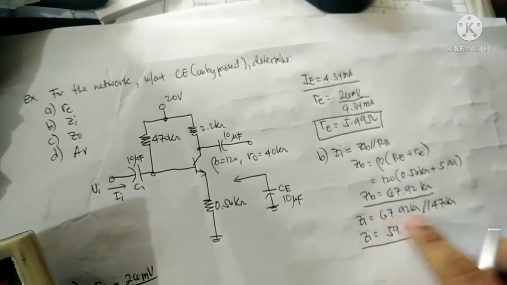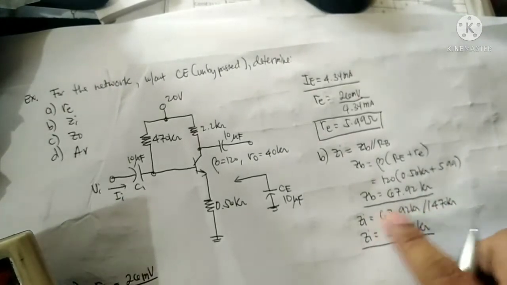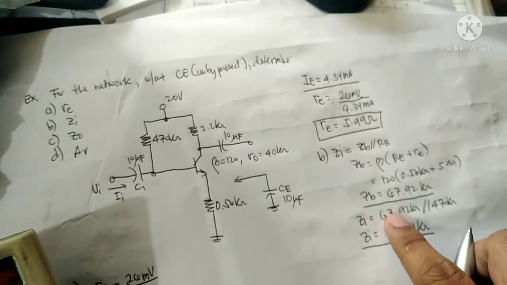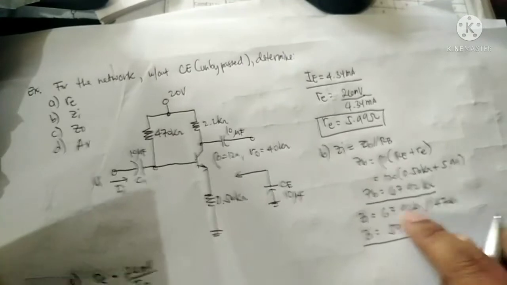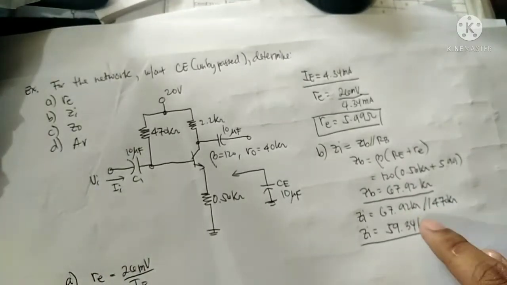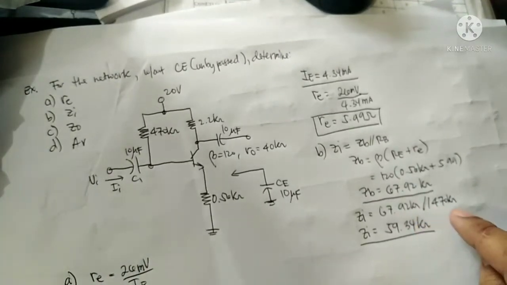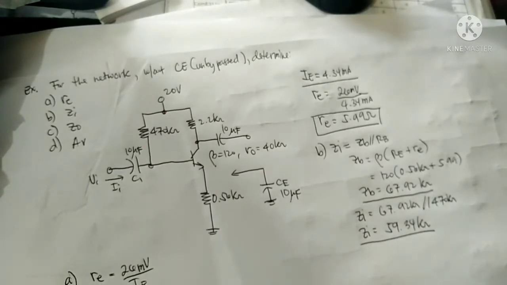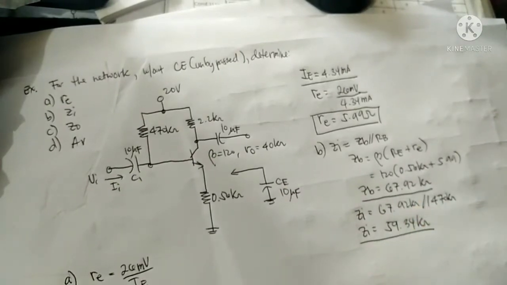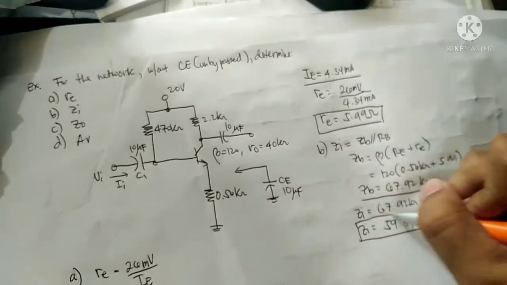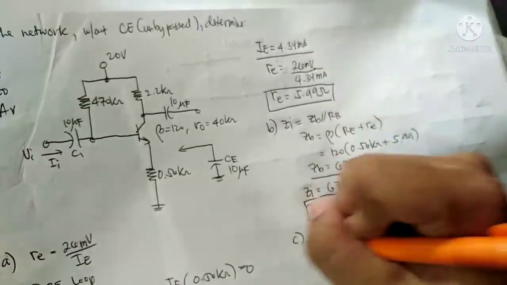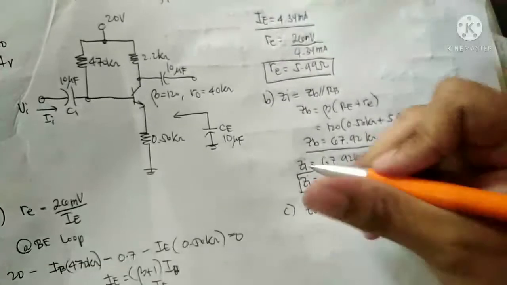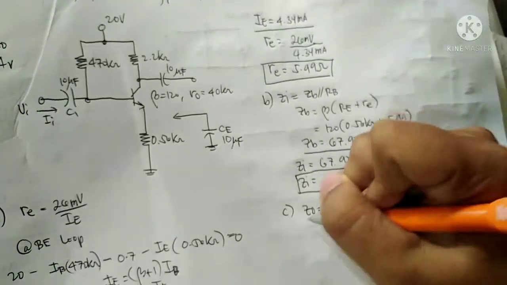So if you parallel two resistances, the equivalent resistance will be almost equal to the smaller one. If your answer is closer to 470k, expect your answer is wrong. It should be closer to the smaller value, Zi. So Zo, it's very easy, Zo is just equal to 2.2 kilo ohms.